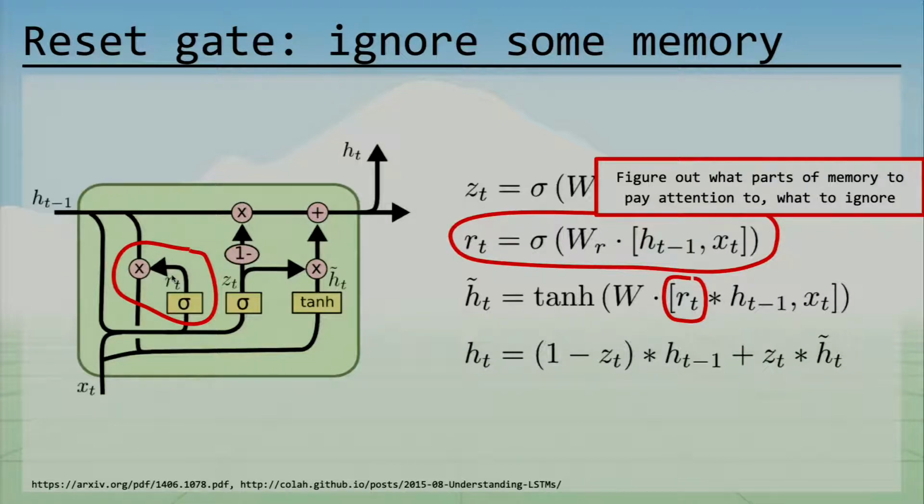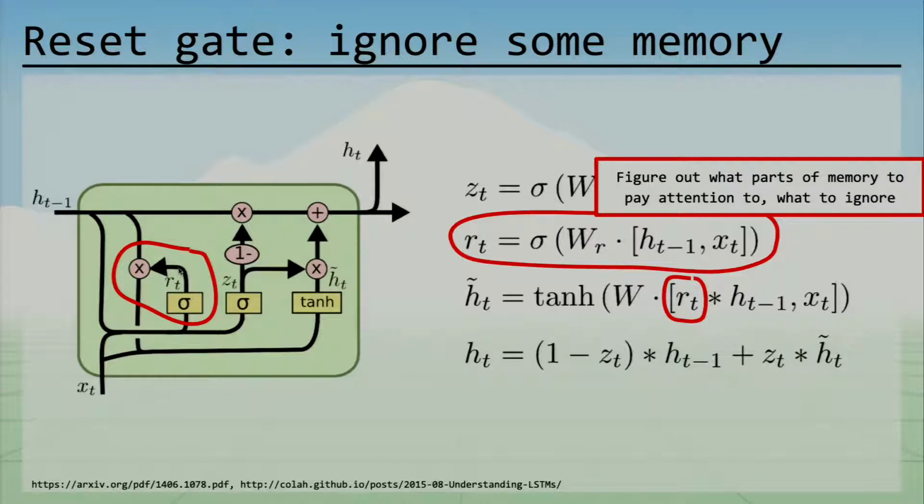to come up with some vector r here, which will be a probability for every state in our previous time step memory, basically, should we keep around that state or not.